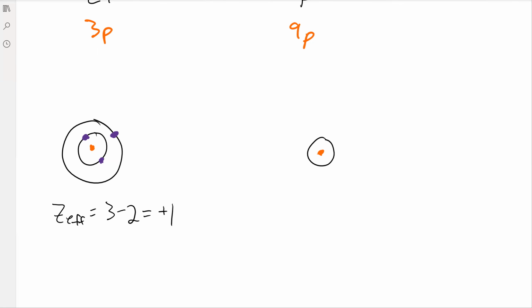Then for fluorine, we've got the same 2 electrons in the n equals 1 orbital. And then if we think about how many we have in the n equals 2, we have 7: the 2s2 and then the 2p5. And so if we calculate the Z effective here, now we have 9 protons, but we still only have 2 shielding electrons because we still only have two core electrons.